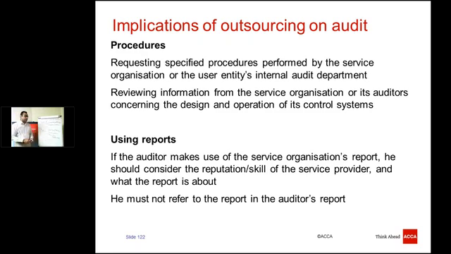So there can be a situation where for the first year you may want to do type 2, but since you've got the level of assurance that you wanted, in the next year you may be okay with type 1. So it's basically lower cost and less time.